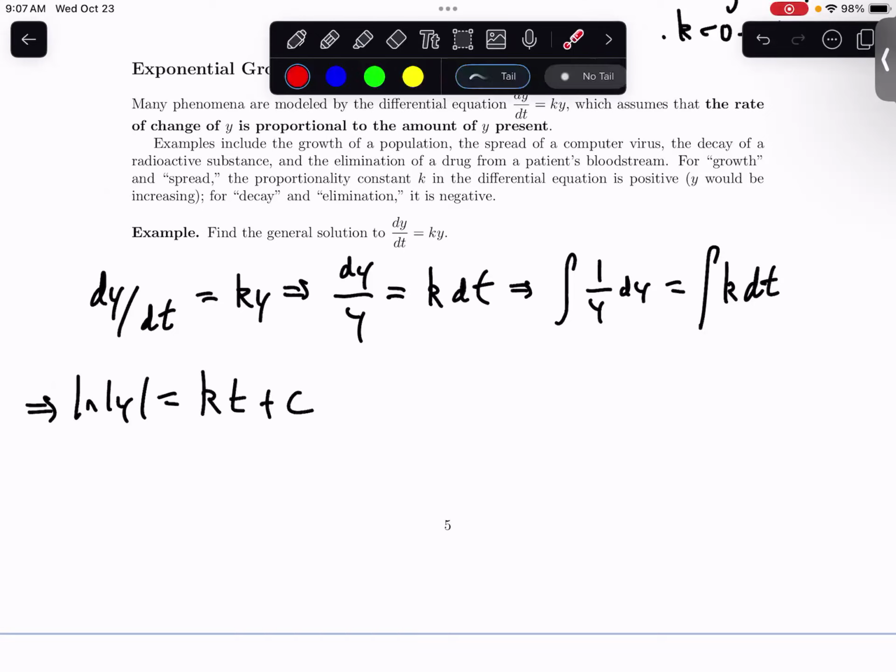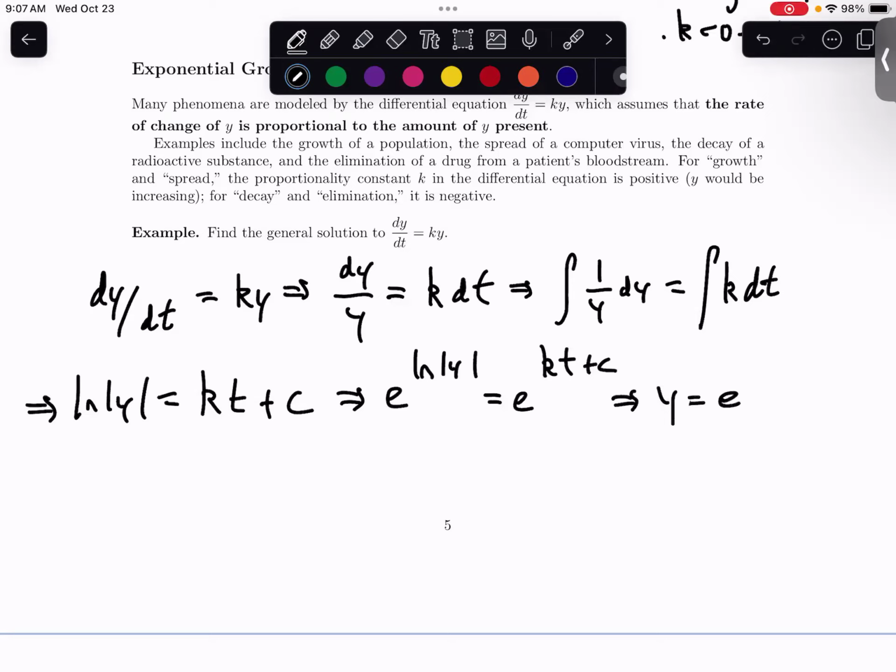To solve for y, we just need to get rid of the natural log, so you exponentiate both sides. This gives e to the natural log of y is equal to e to the kt plus c, which really says y is equal to e to the kt plus c.